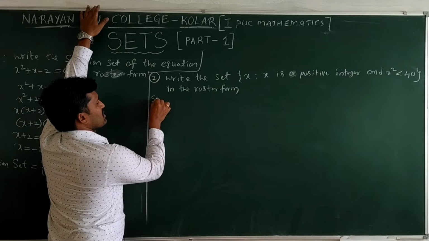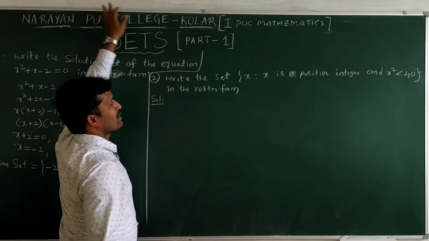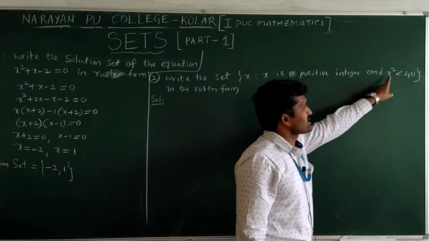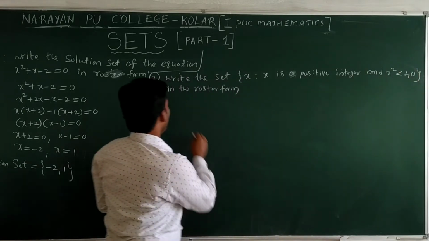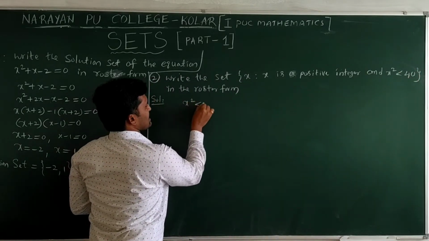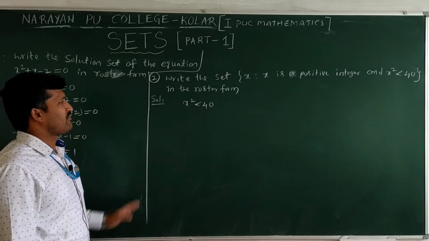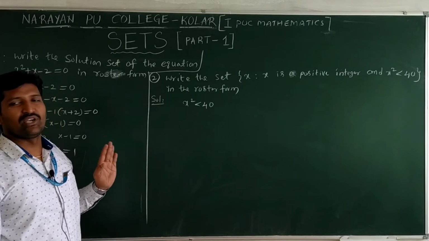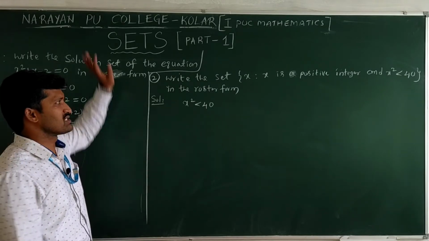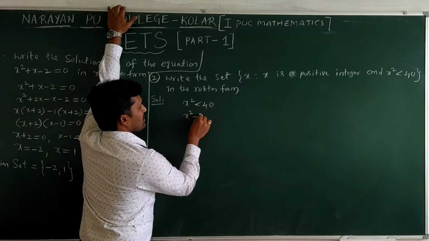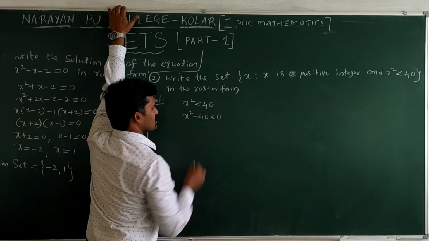Now coming to the solution. What set is given? x is a positive integer and x square is less than 40. Take the first condition, x square is less than 40. This means we need to identify what values lie in between. Now, x square minus 40 is less than 0.